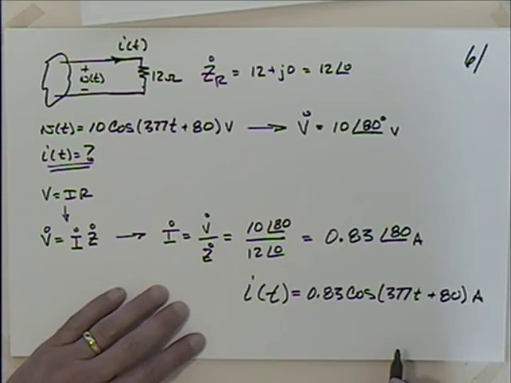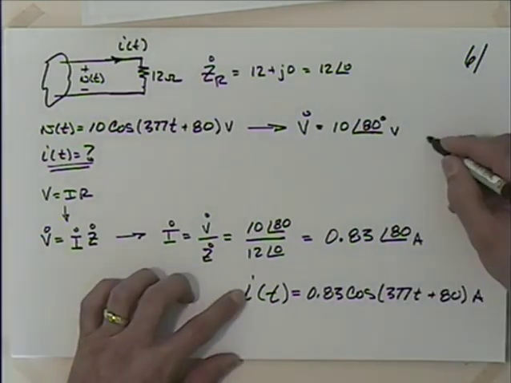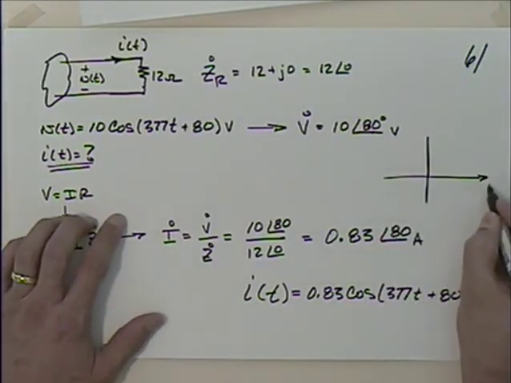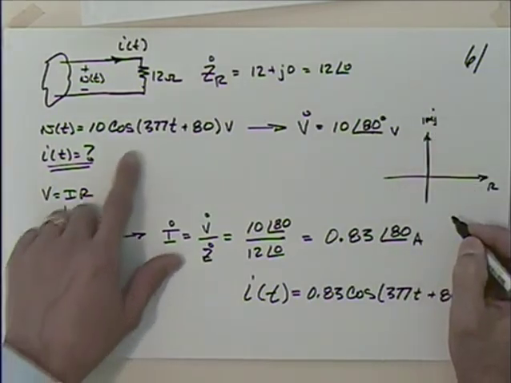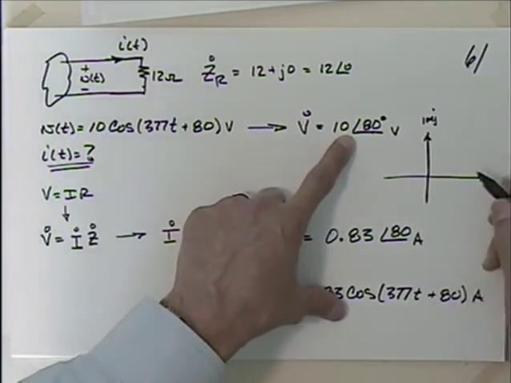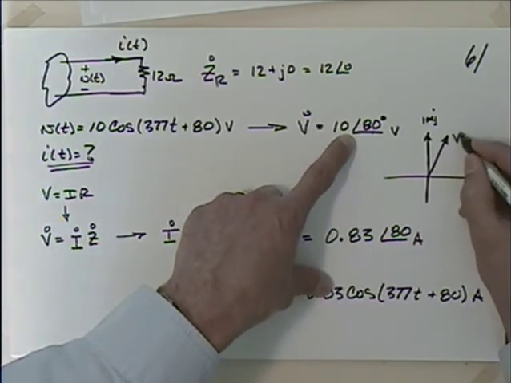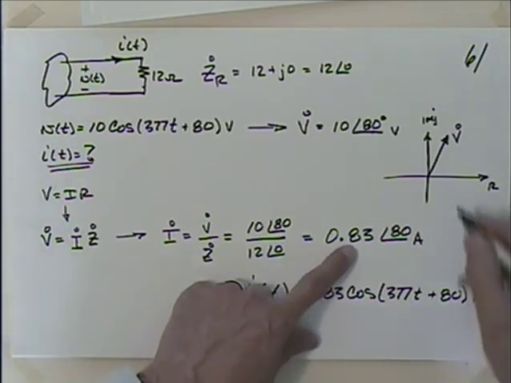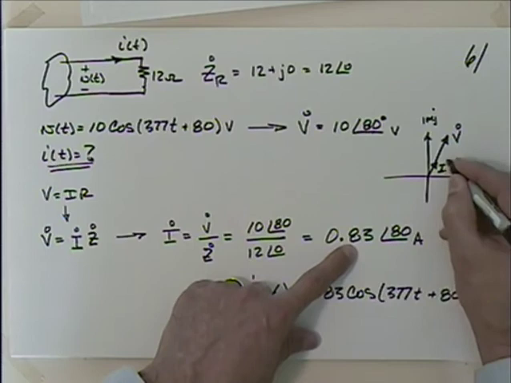So this is in the time domain. What is this in the phasor domain? This is kind of interesting, because there's the real axis and the imaginary axis. Where's my voltage? 10 at 80, so my voltage phasor looks something like that. Where's my current phasor? 0.83. They're in phase, aren't they?